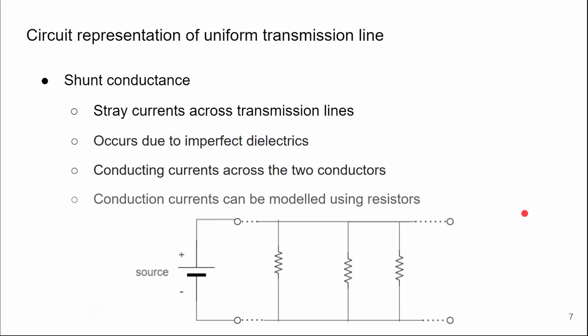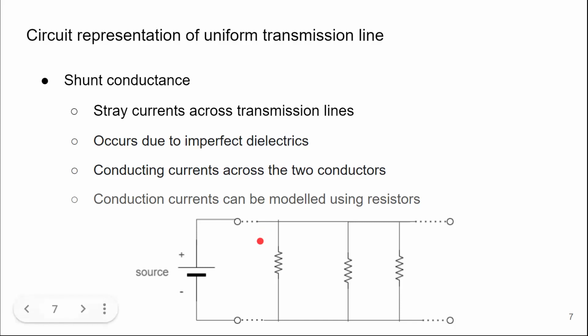And then we will first consider the phenomena that happens due to the imperfection of the dielectric material. So once there's a transmission line with the dielectric material between the top conductor and the bottom conductor, it might not be perfect. Because of that, there could be some stray currents conducting across the two conductors.